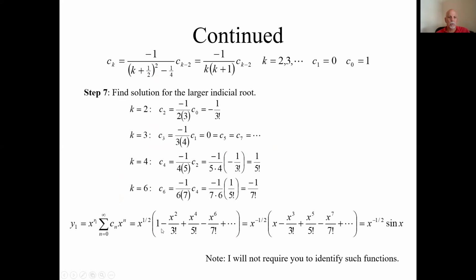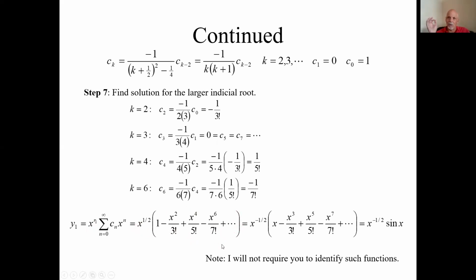C0 equals 1, and C sub 1 is 0, then C sub 2 is 1 over 3 factorial, etc. I get what's in parentheses. But don't forget, the whole solution is that part also times x to the initial root. In this case, the larger initial root, which was a half. So here's that solution.